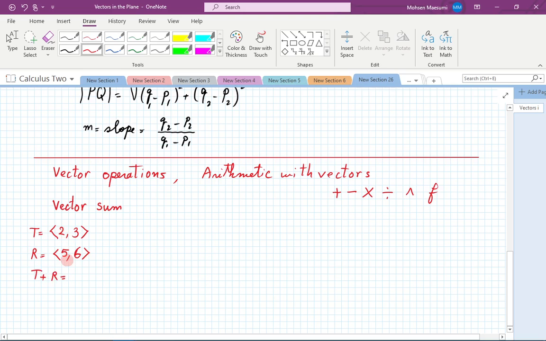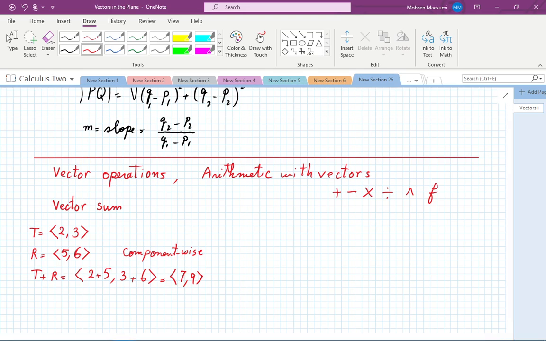You add up the first component, you add up the second component, and nothing other than that. 2 plus 5 and 3 plus 6. Well, of course, it's going to be 7 and 9. This type of operation we call component-wise, which simply means first with first, second with second, and so on.